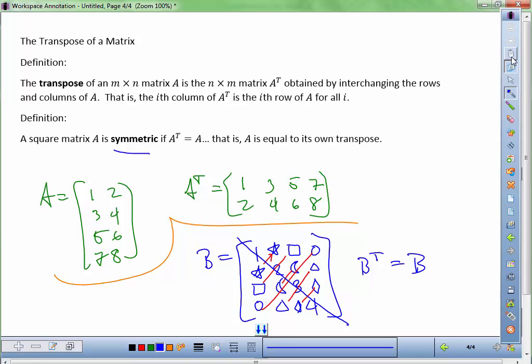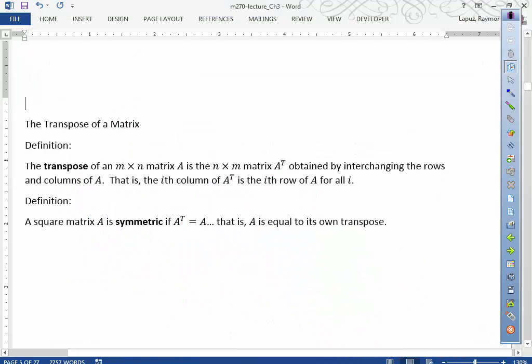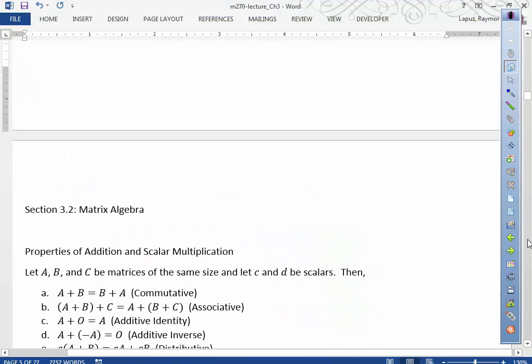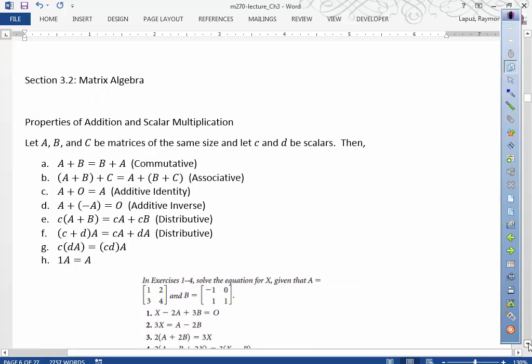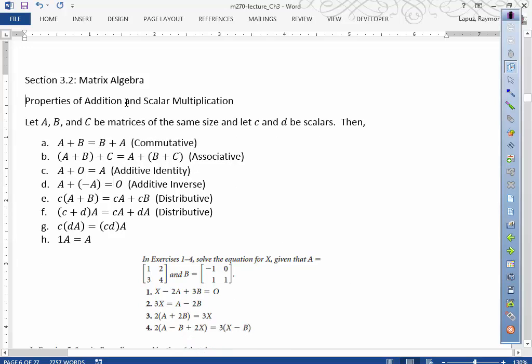So the same deal with matrices. We're going to manipulate matrices as if we're manipulating numbers. So let's take a look at some basic properties for matrix algebra.